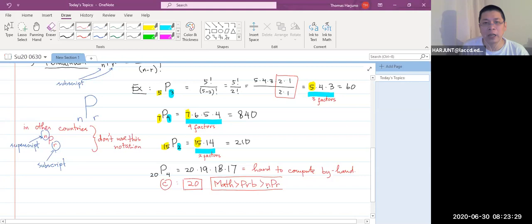So the way they write it on their calculator is lowercase, capital letter, and then lowercase. But when we do handwriting, the N and the R are supposed to be subscript. Okay, now after that, you type the 4 and then enter.